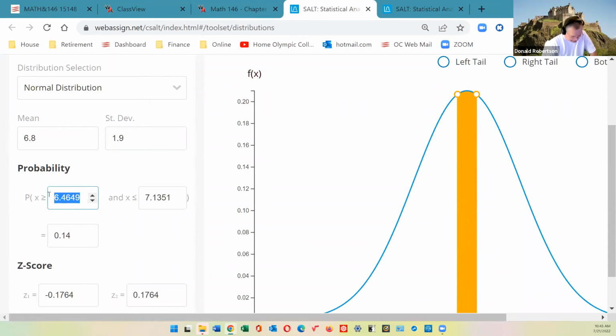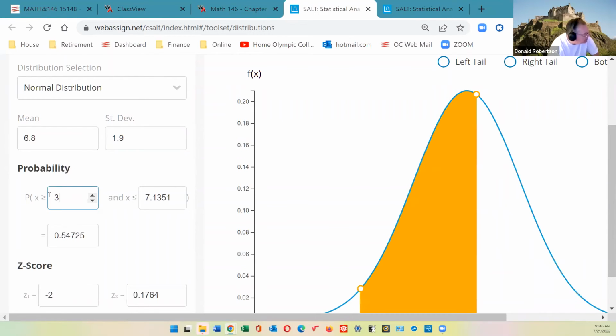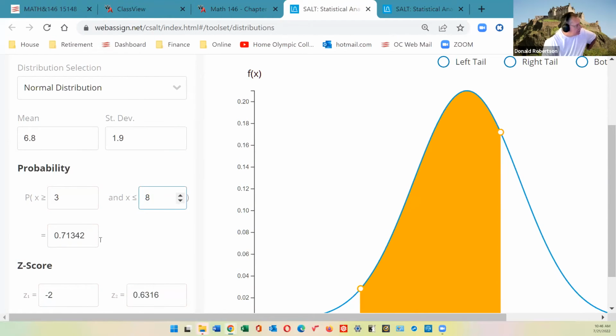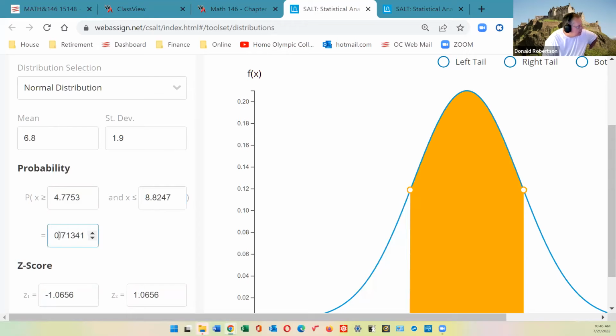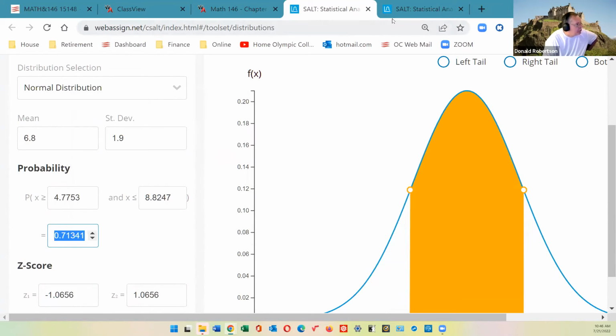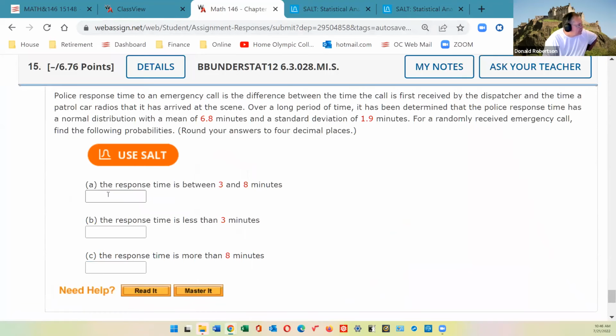So it has to be bigger than 3 minutes and less than 8 minutes. And there's your answer there. So the chances that they will arrive somewhere between 3 and 8 minutes is about 0.71 of the times.